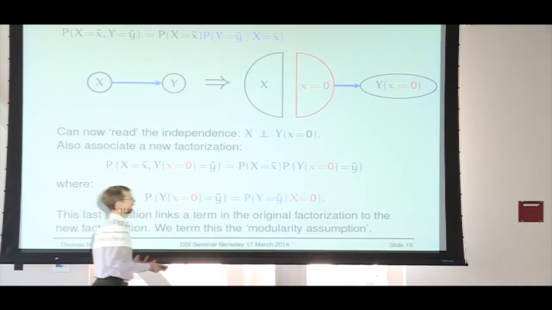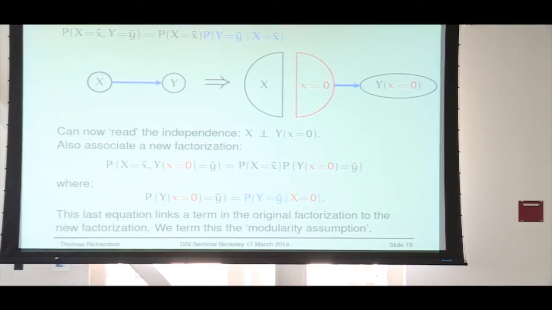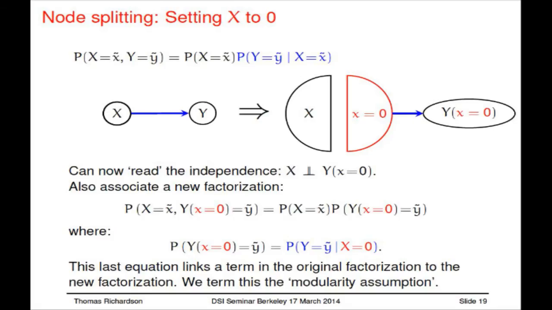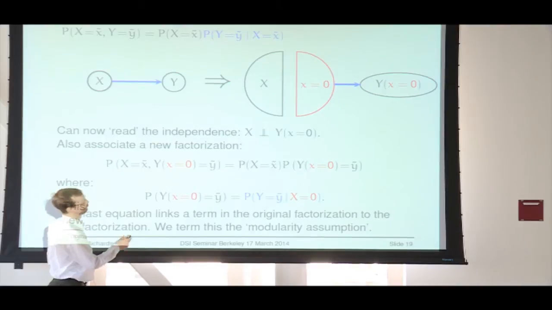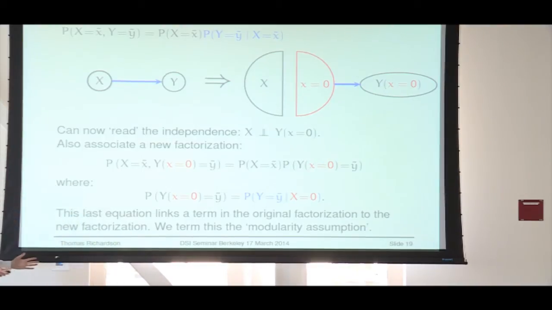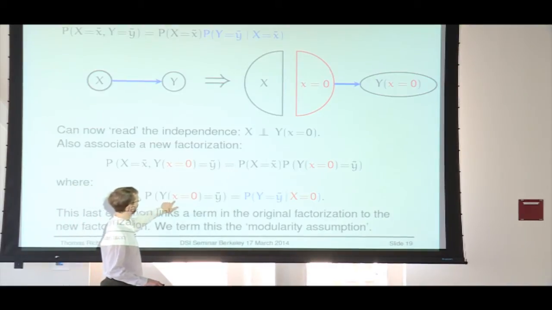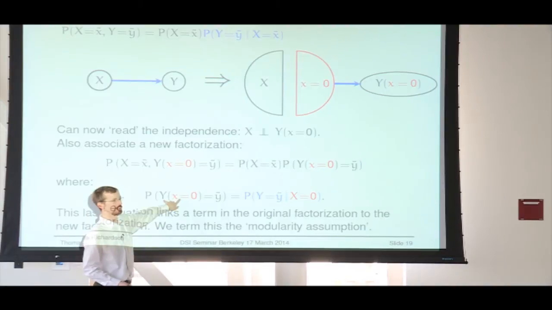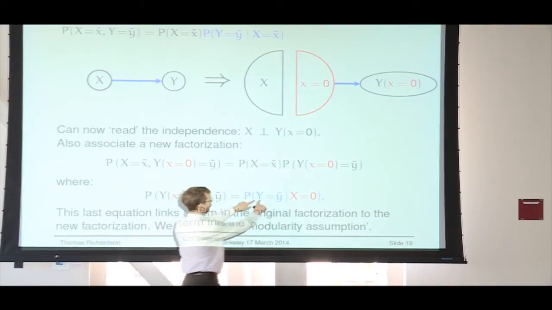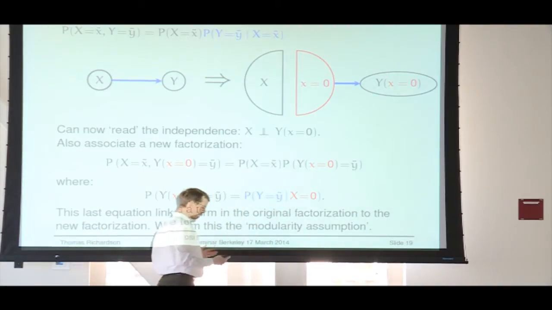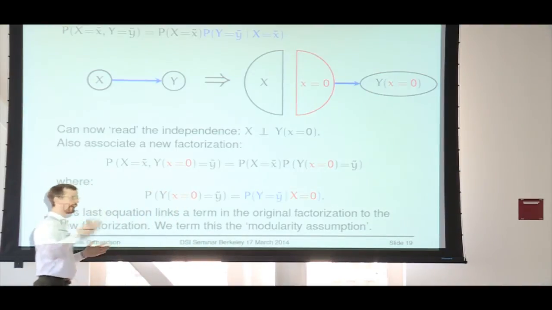And that's done in what might seem natural and intuitive: I'm going to obtain this piece by going up to the density that was associated with y before I did the transformation and just plugging in the value x equals 0. So if you ask me what the marginal density over y of x equals 0 is, I'm going to get that from the original observed distribution of y conditional on x equals 0.